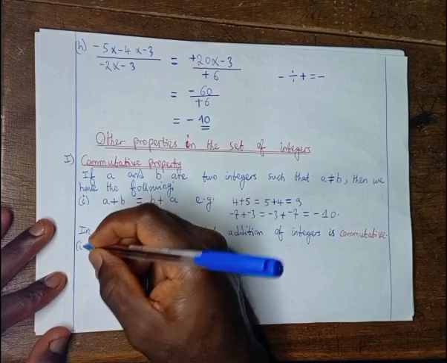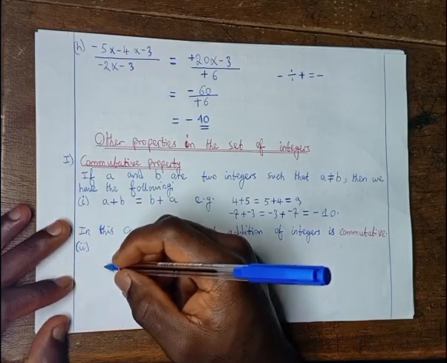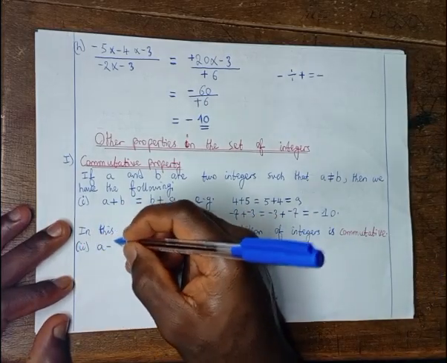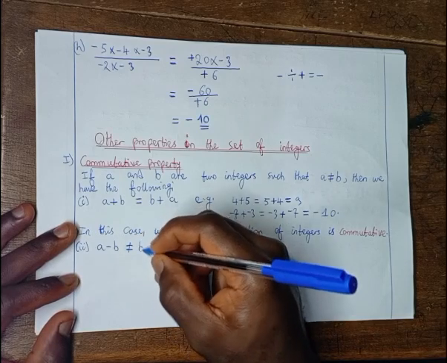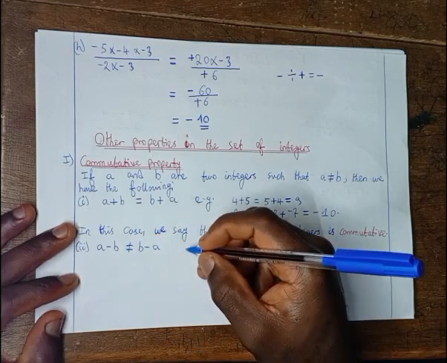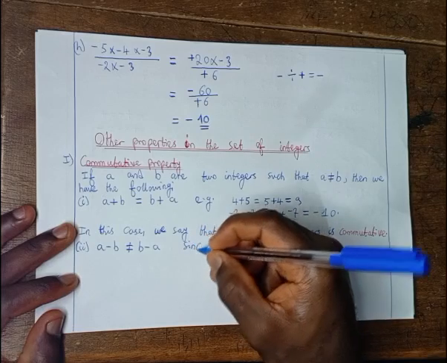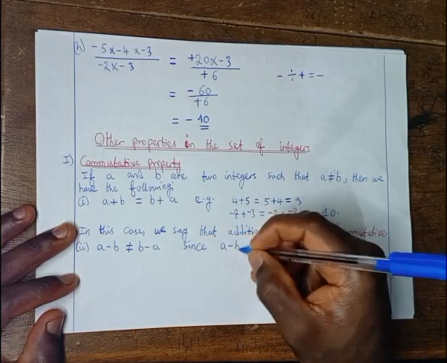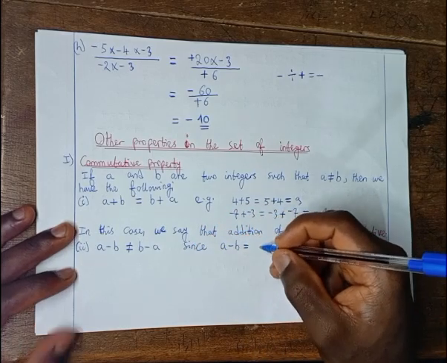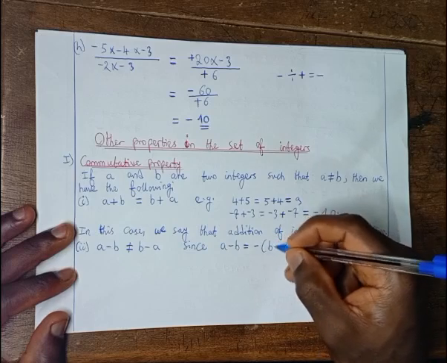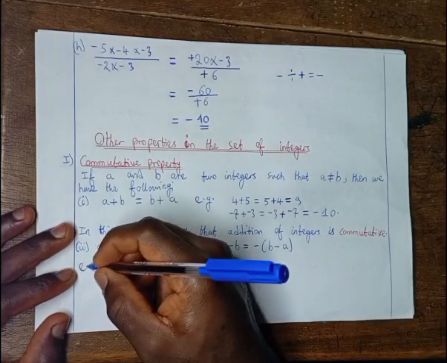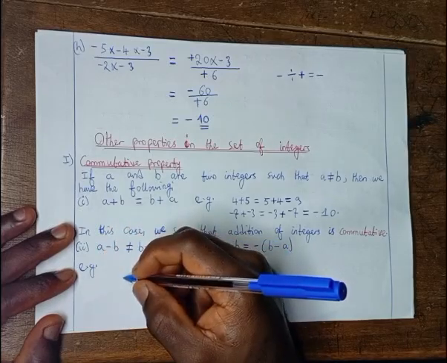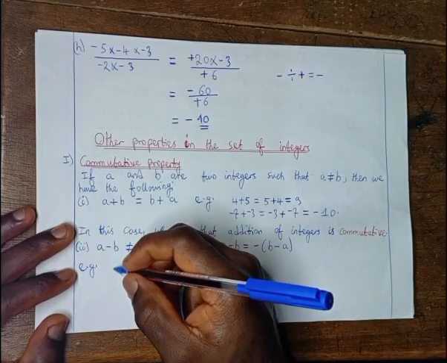Next, let's take 2i. We take a minus b. A minus b is not the same as b minus a, since we know that a minus b is simply equal to negative b minus a. For example, let's take two integers, 5 and 3.